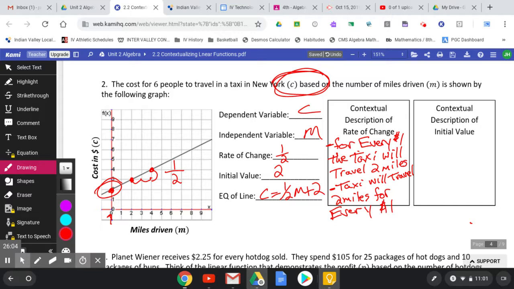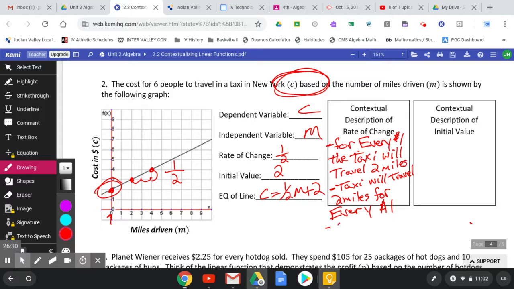That's the same thing, right? It is the same thing. My rate of change is still 1/2, but does anybody see how that can be confusing? Because I said it backward, didn't I? Okay, so just realize that can happen. You just got to determine which thing's independent, which is dependent. Okay? I got one more way I could say it.